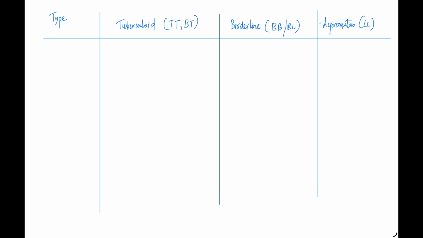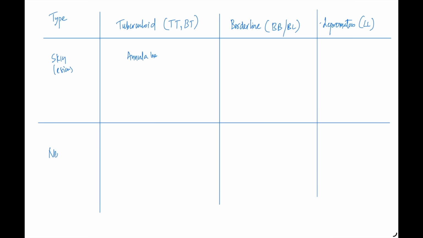Now, the type of skin lesions expected in the tuberculoid type. This is also very important for MCQ exams. This concept applies to any MCQ exam. You will see sharply defined annular lesions. These skin lesions also have nerves which get affected, so there is anesthesia.